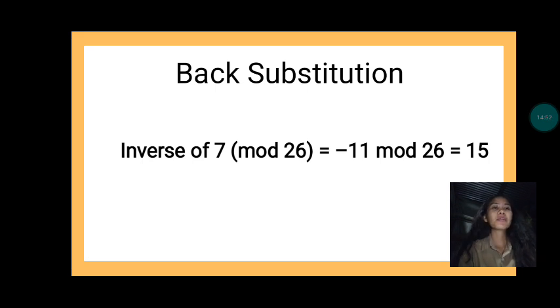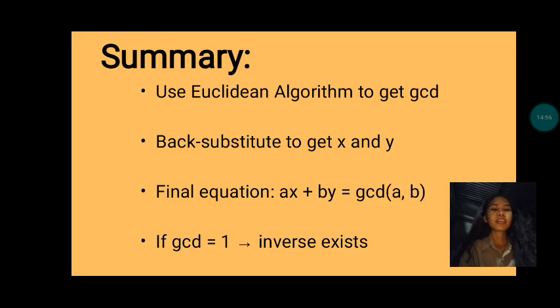So let's summarize everything that we have tackled today. We learned today that number 1, the extended Euclidean algorithm has two parts: the forward process, in which we find the GCD using division, and the backward process, in which we find the x and y through substitution.